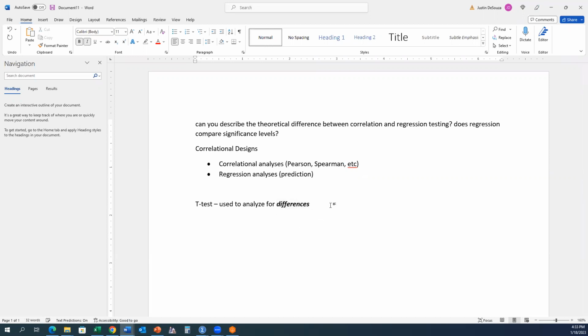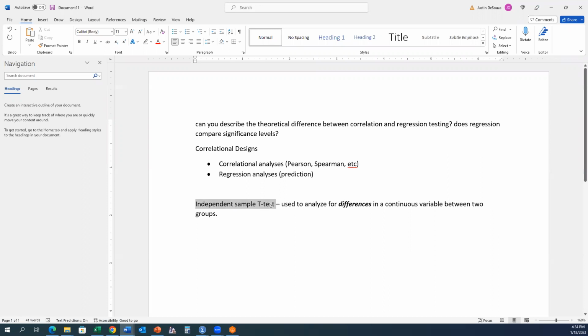Differences in a continuous variable between two groups, males and females, something like that. That's when you do specifically an independent sample t-test. I see my internet says it's a little unstable. Hopefully you can still hear me.